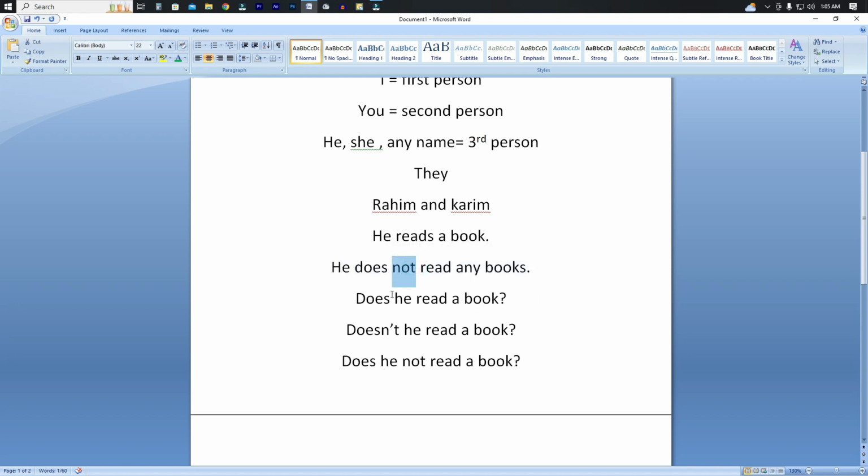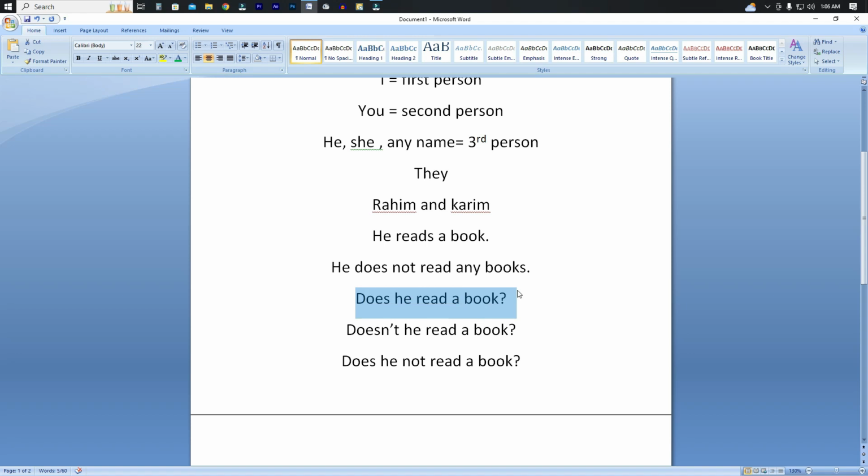And the interrogative sentence, we can see here that the auxiliary verb comes before the subject, and at the end of the sentence there is a question mark. So from these two features, we can know this sentence is called an interrogative sentence.